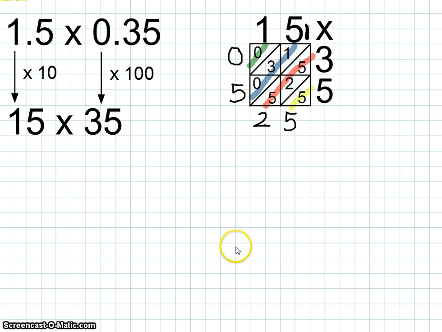Now we actually have the answer to the question 15 times 35. The way we can look at the answer is we start reading the number from here, like this L shape, and if we look at it, it's 0 5 2 5.